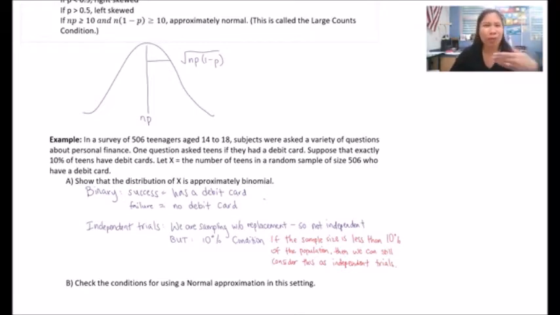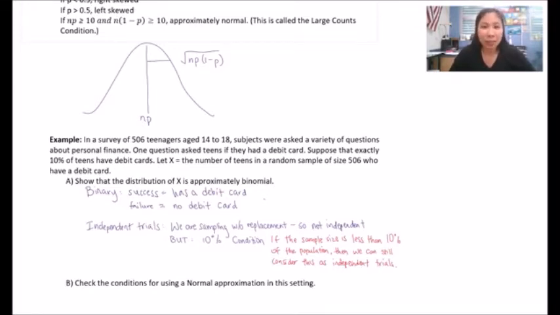So there's no replacement. You can't put the Skittles back in. The next time you draw out another piece of candy, it's no longer independent because there was no replacement. But the probability of drawing another Skittles is still going to be very similar, because if you have a bajillion pieces of candy in there in total, the probability is not going to change a whole lot even after you took one out and ate it.